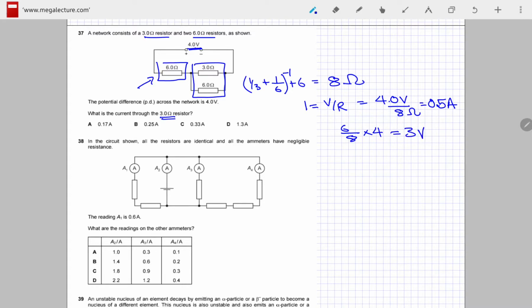So now the potential difference across the parallel resistors is 4 minus 3, which is 1 volt. This is the potential difference across these two parallel resistors, and the current through the 3 ohm resistor is then very simply V over R, which is 1 volt divided by the 3 ohm resistance, which is 0.33 amperes. So the correct option is option number C.